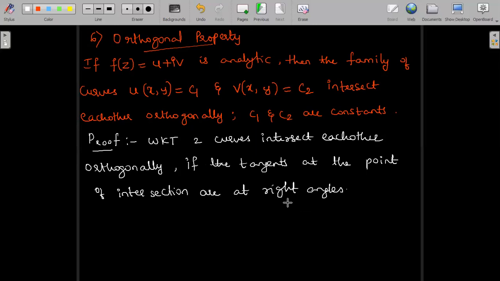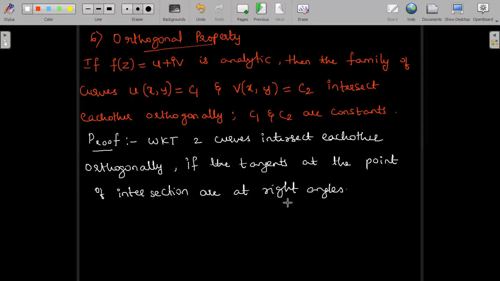And we are also familiar that dy by dx represents slope of the tangent and the condition of perpendicularity of two lines is that the product of the slopes of those two curves must be equal to -1.